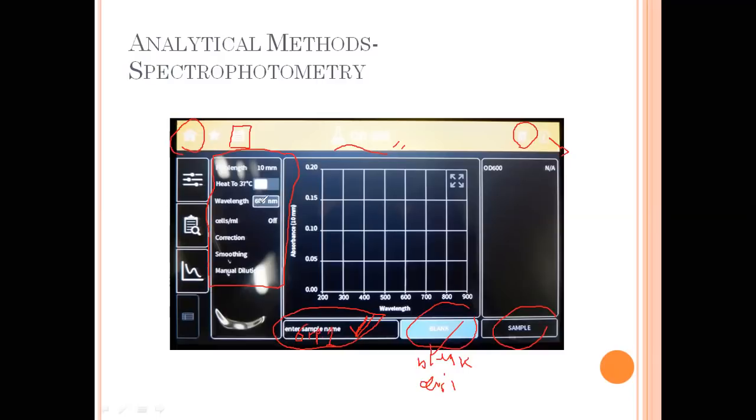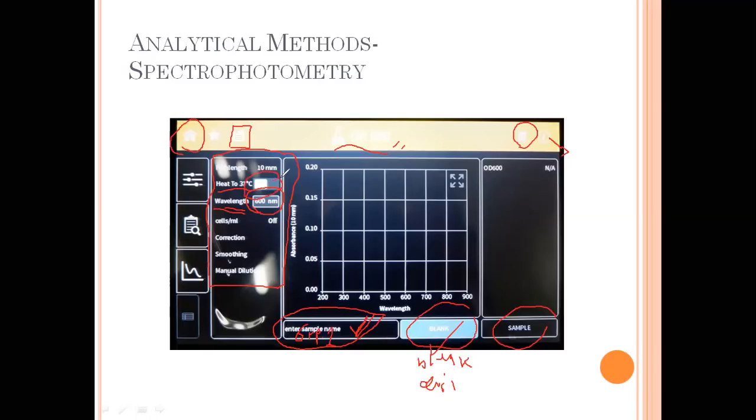Okay? So you'll observe here also that we have here the wavelength. So you can press on this to set the wavelength depending on the wavelength needed to perform the method or the test. Hit to 37. So pagka lang ginalaw mo yan, magko-color orange siya. So that means iniinit mo na.